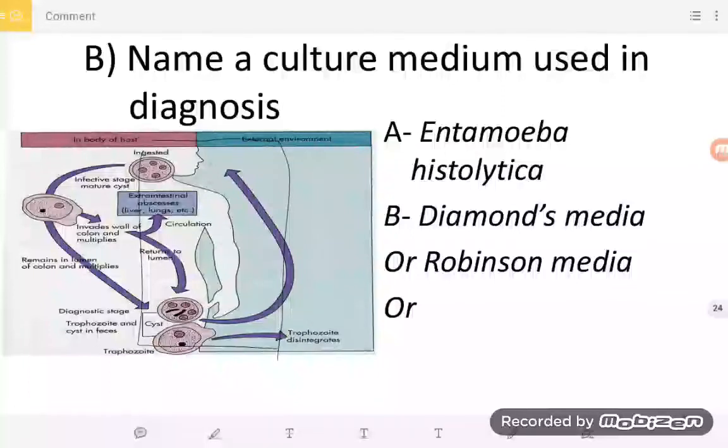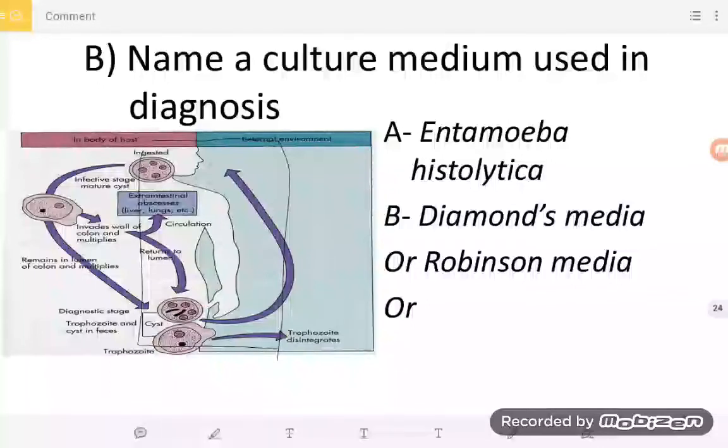So we have to differentiate. Only Entamoeba histolytica has the ability to invade the wall of the colon, and it will multiply, then lodge in different organs and multiply there. In intestinal amoebiasis, in the acute condition, we can see both cyst and trophozoite, but in extra intestinal amoebiasis you can see only trophozoites, not the cyst form.